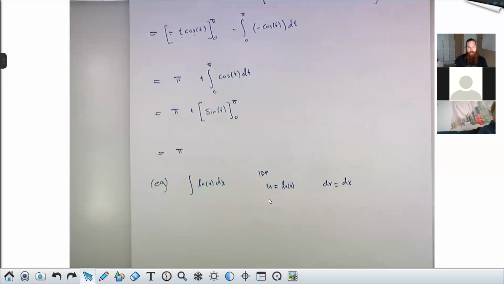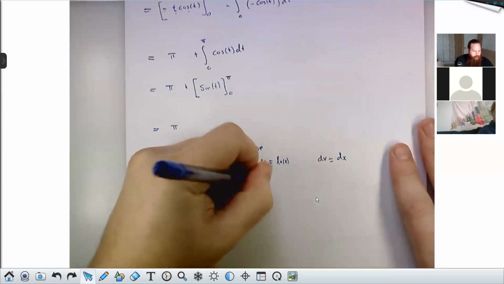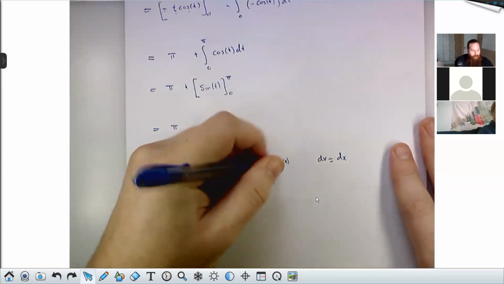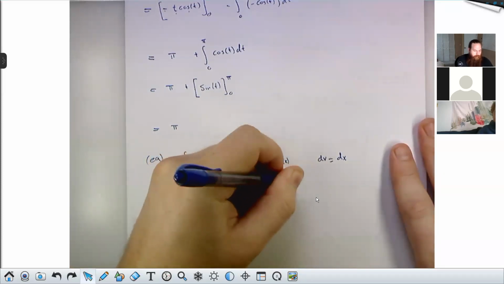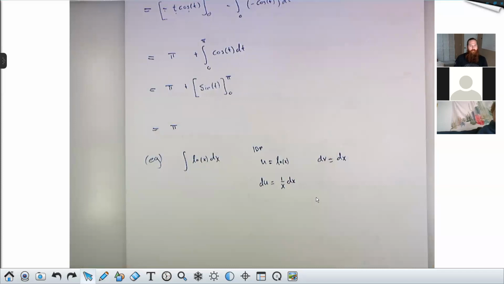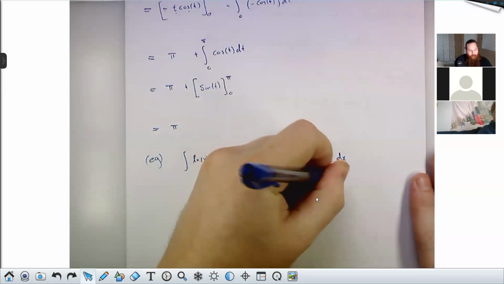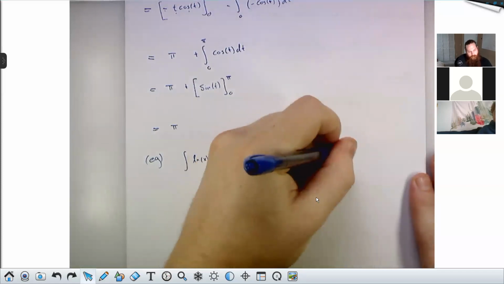If I pick u to be ln of x and dv to just be dx. And now I'll fill out my table. Du, the derivative of ln x is 1 over x. So du is 1 over x dx. And if we integrate dv equals dx, we just get v equals x.